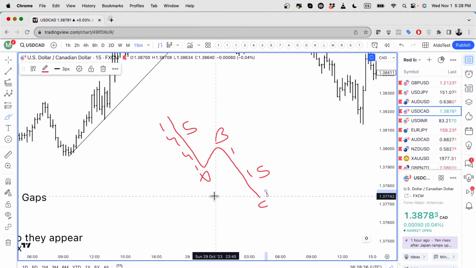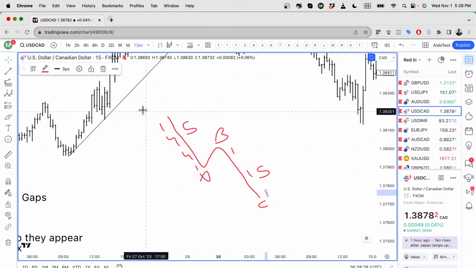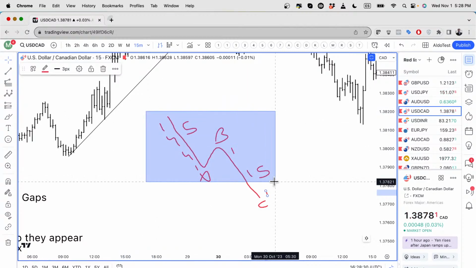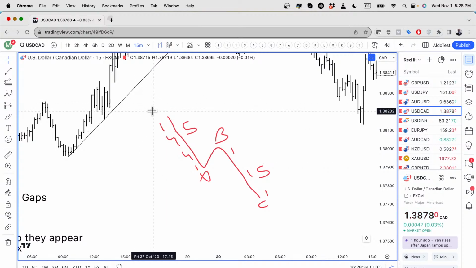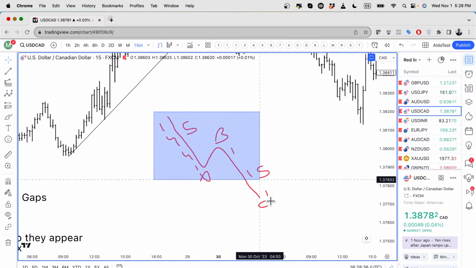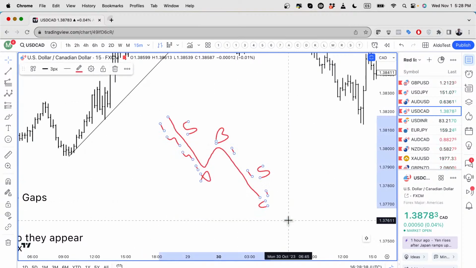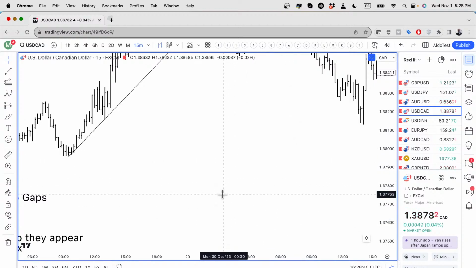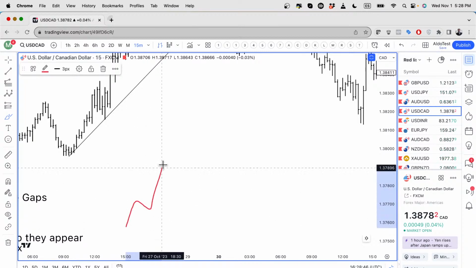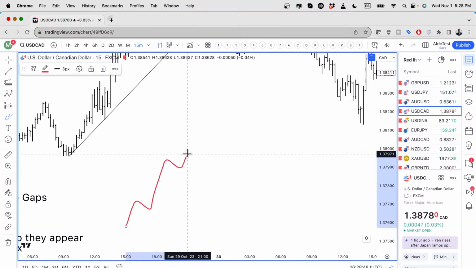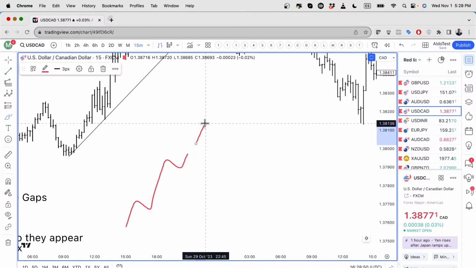Now, before I take another question, let me show you something that is interesting about gaps. Not that what I have shown you now is not interesting, right? All of those things, I think, are very interesting. But there are situations where we have, let's say, a 1, 2, 3, 4, and now we have an exhaustion gap, right?